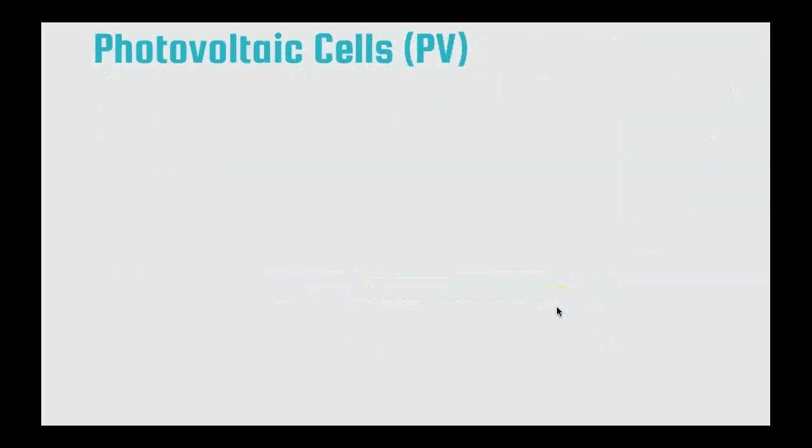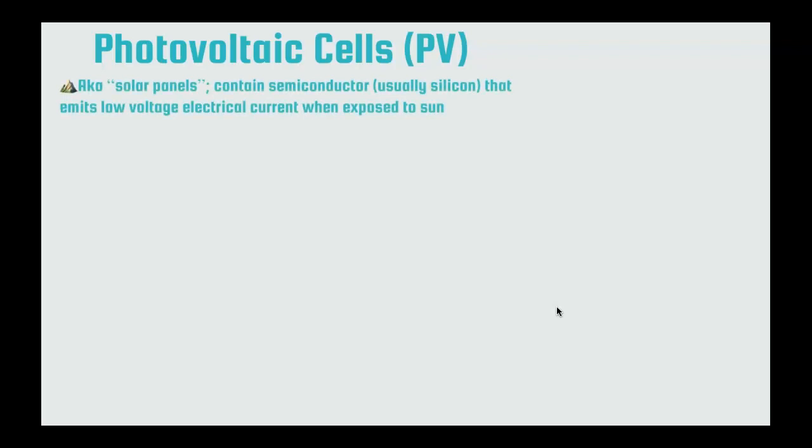All right. A little bit more about those photovoltaic cells, those PV cells, the stuff that we have on the roof of the pool, on the school roof, in our solar field. Those solar panels contain a semiconductor, and the biggest thing that you need to know about solar panels is that they're made of silicon.